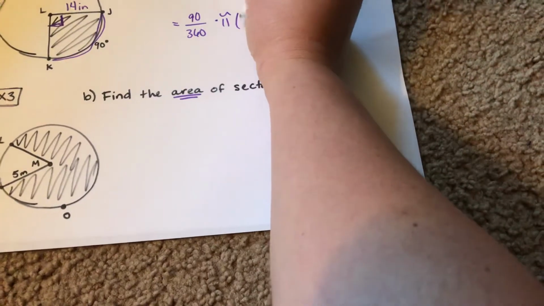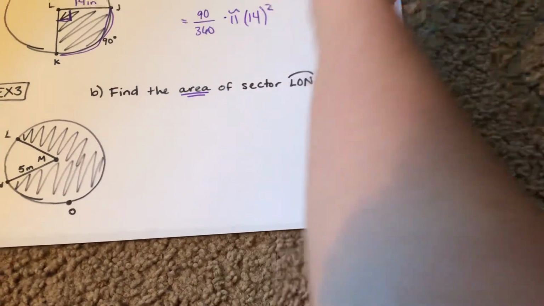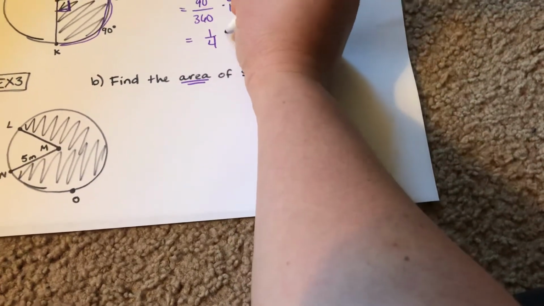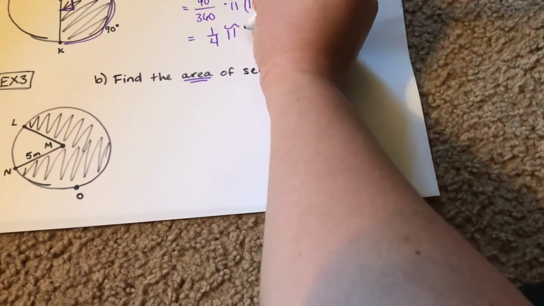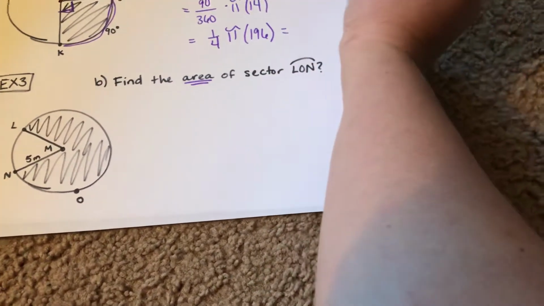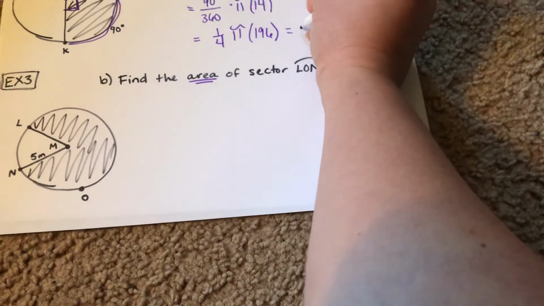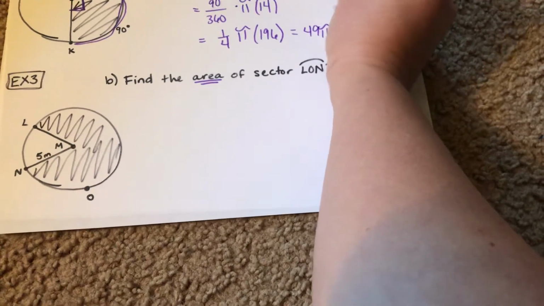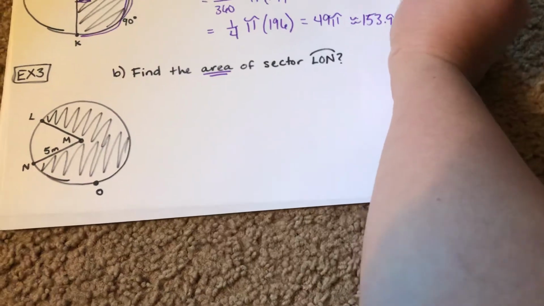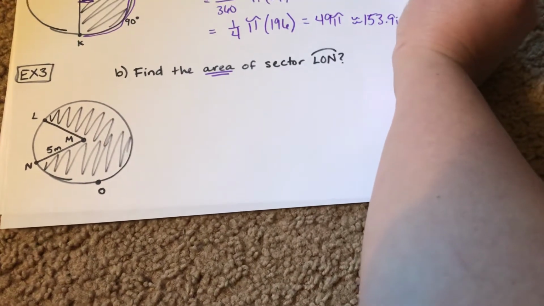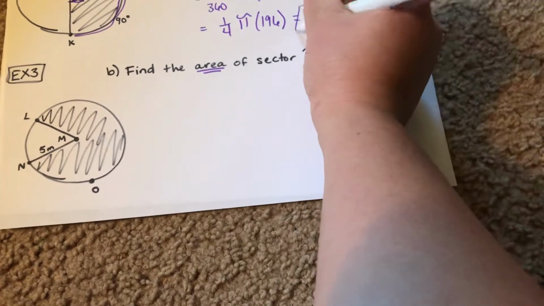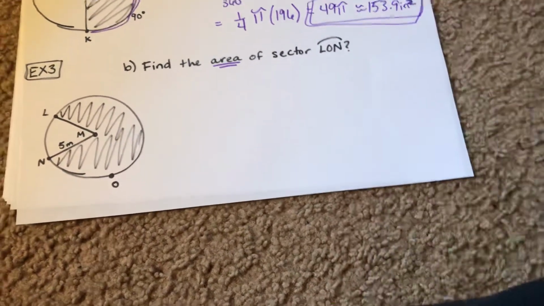All right, pi times our radius squared. So if I type that in my calculator, it simplifies to a fourth times pi, 14 squared is 196. Anyone know that? I hope you did. And then if we type that in our calculator one more time, we end up with 49 pi in terms of pi, which is roughly equal to 153.9 inches squared. Again, inches squared is really important. Area has to be in squared units.